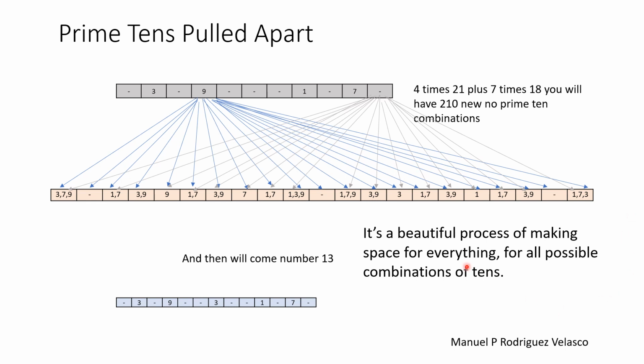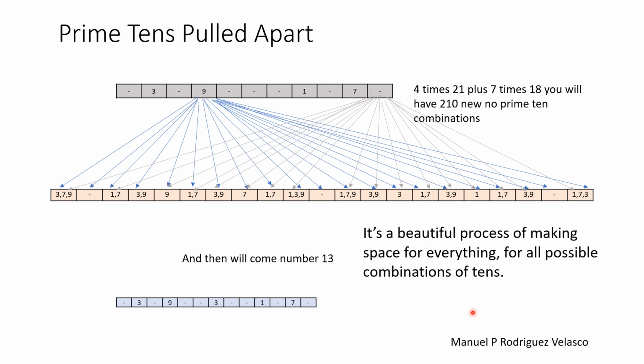And after that, it will come the 13, the prime 13 cycle, and will combine with all of those. So really, the prime tens combinations are pulled apart by the addition of non-prime tens.